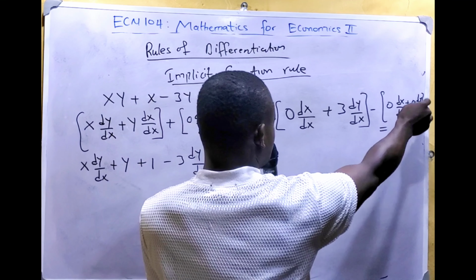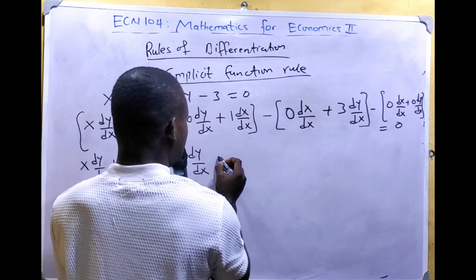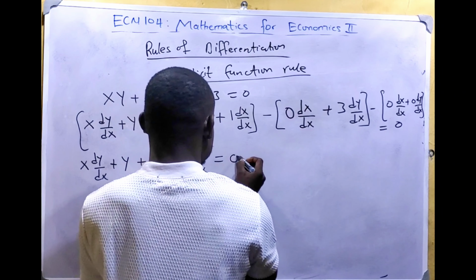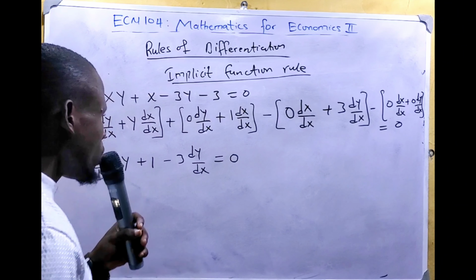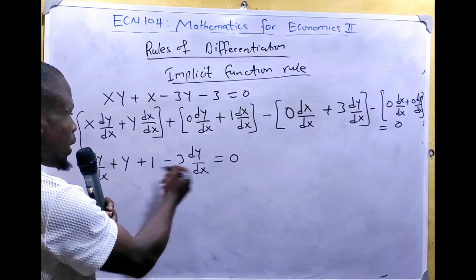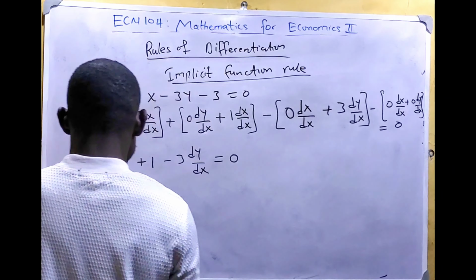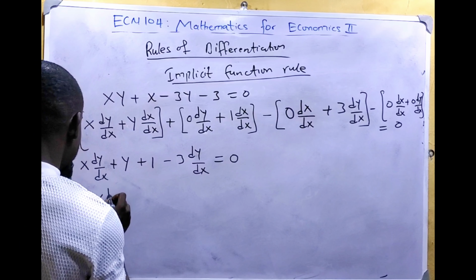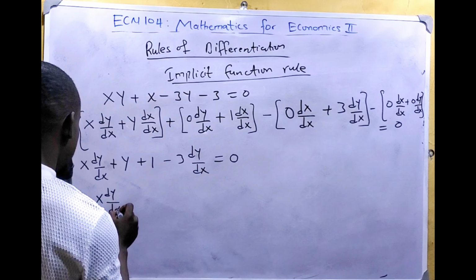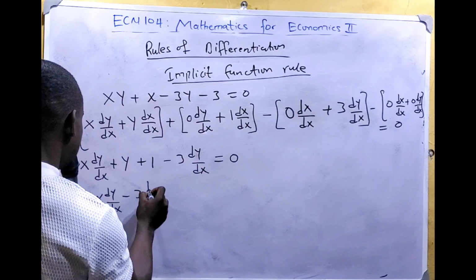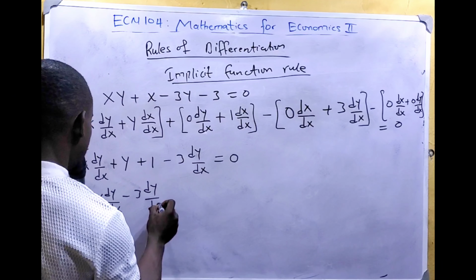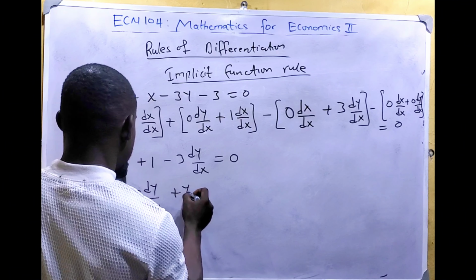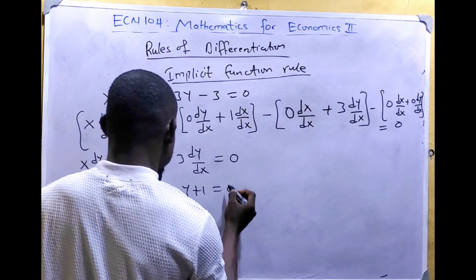This will give us 0, this gives us 0, so it is not needed, so equals to 0. Now from here, what we do is collect the like terms. That is, we have x dy dx minus 3 dy dx plus y plus 1 equals to 0.